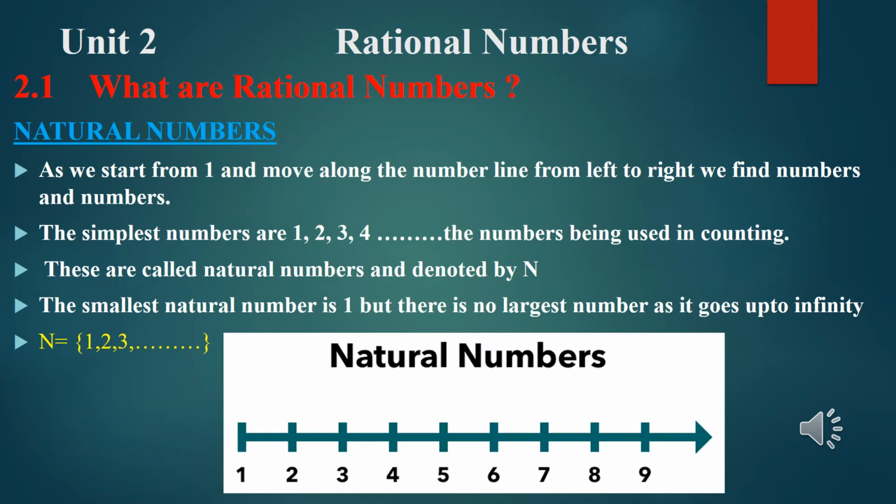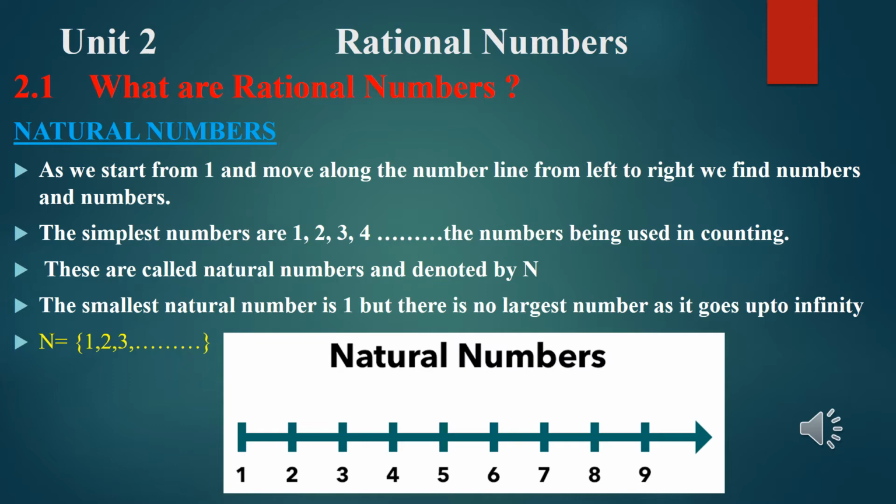That is rational numbers. What are rational numbers? Let's first see some important numbers before starting rational numbers. Natural numbers. As we start from 1 and move along the number line from left to right, we find numbers and numbers.